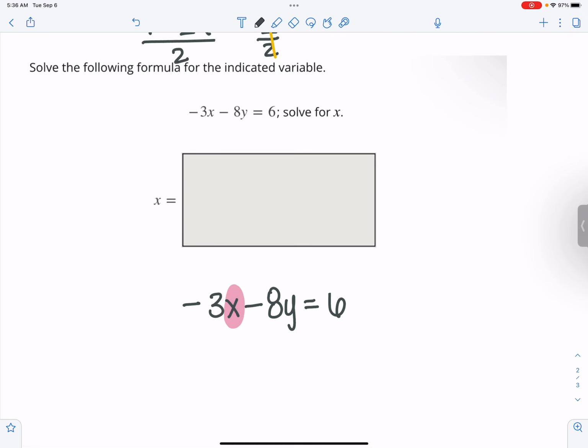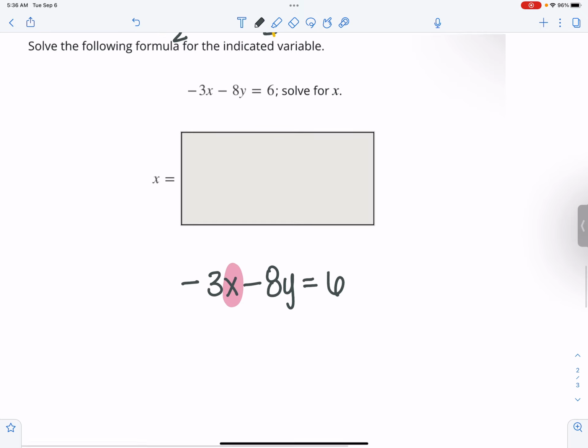All right, the next one is similar. The only difference is I've got X's and Y's and 3's and 8's instead of 2L and W, but I'm still doing a similar thing. I've got negative 3x minus 8y equals 6, and the problem says solve for x. So I went ahead and highlighted that.